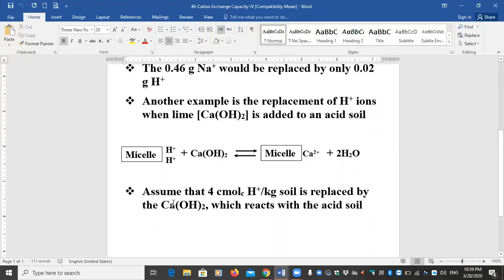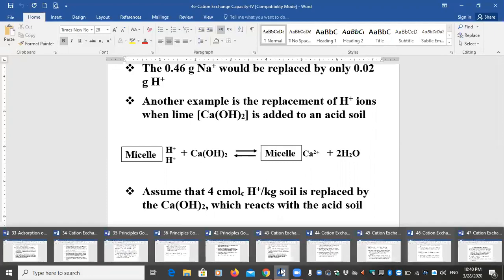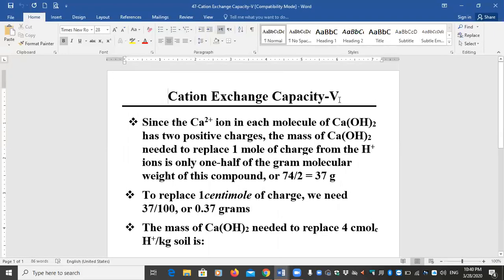Calcium, the cation, is the one from this compound that will replace the hydrogen. Since the calcium ion in each molecule of calcium hydroxide has 2 positive charges, the mass of calcium hydroxide needed to replace 1 mole of charge from the hydrogen ions is only 1/2 of the gram molecular weight of this compound, or 74/2, which is equal to 37 grams.